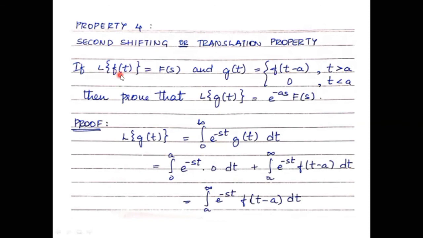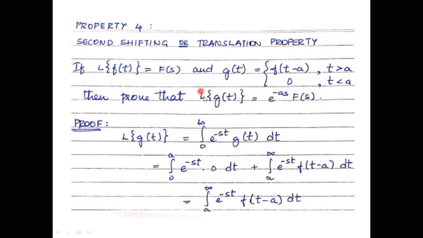If L of f of t is equal to f of s, and g of t is equal to f of t minus a for t greater than a and 0 for t less than a, then prove that L of g of t is equal to e power minus as into f of s. So we'll prove this.